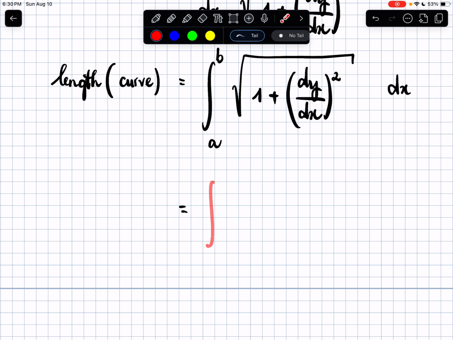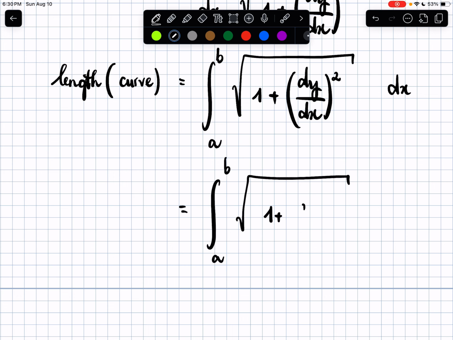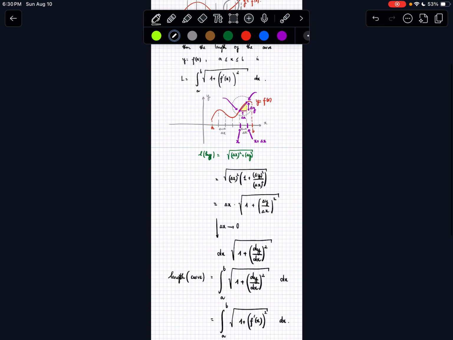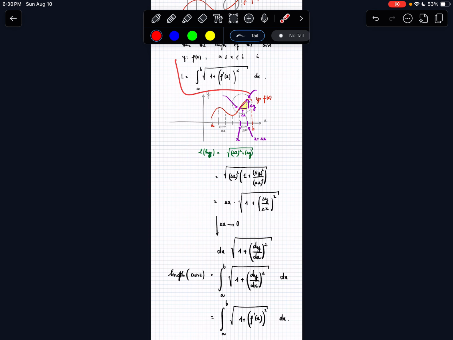So this is the integral from a to b of the square root of 1 plus f prime of x squared dx. So this is exactly the formula we tried to understand for the arc length of the curve.